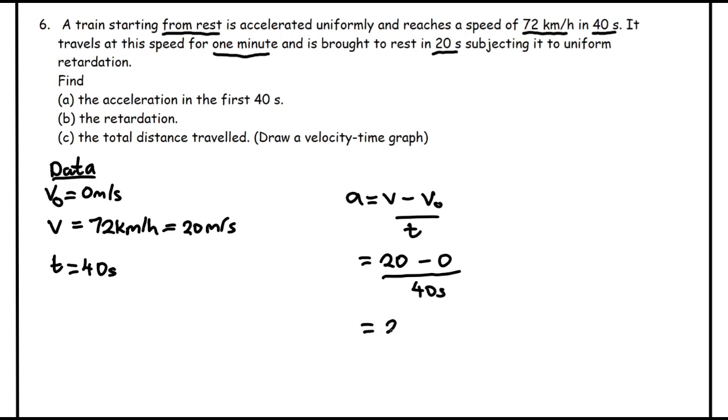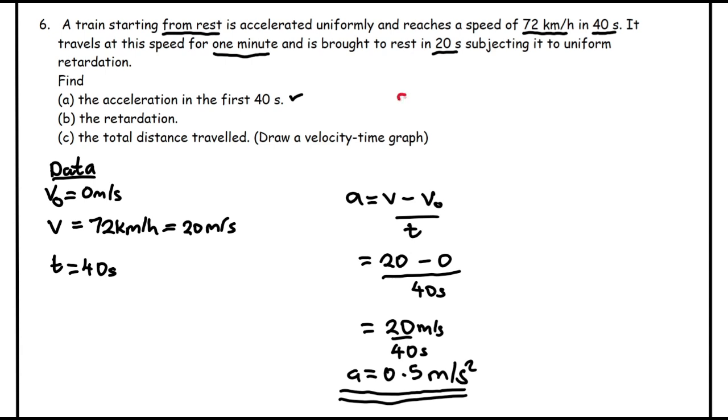This gives us 20 divided by 40, which is 0.5 meters per square second. So we've answered question A. Final answer: acceleration is 0.5 meters per square second.